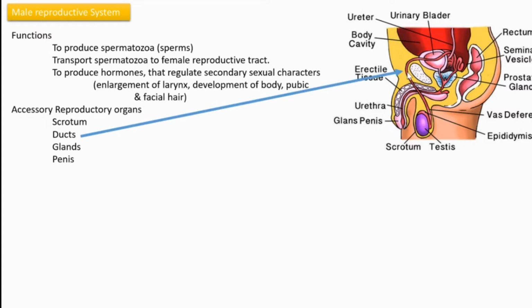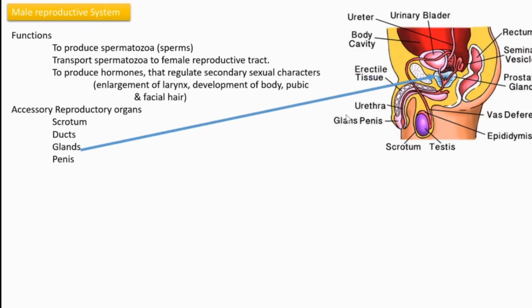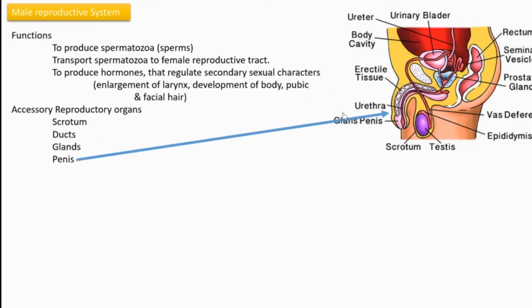Ducts are the passages to carry sperm and seminal plasma to the external region. Then glands. Glands are responsible for the secretion of certain fluid, which is very essential for the movement of sperm. Then penis. Penis is this structure.